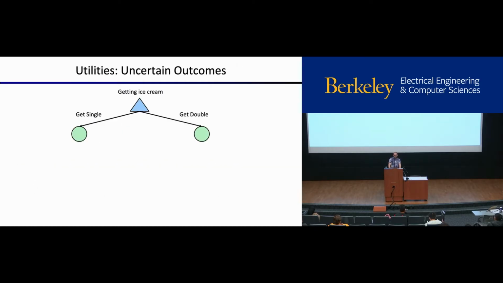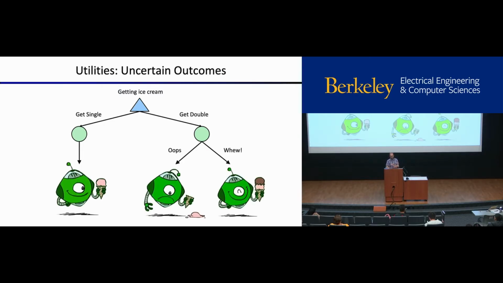OK, so let's look at an example. Let's say we're getting ice cream, and we're deciding whether to get a single scoop or a double scoop. And let's just suppose in this world you're very clumsy, and if you get a single scoop, you'll manage to keep it upright, but the double scoop will be so top-heavy you might risk dropping the whole thing on the floor. So then if you're going to evaluate whether to go left or right, you have to think about, what are the probabilities I end up with nothing? What are the probabilities I end up with double?